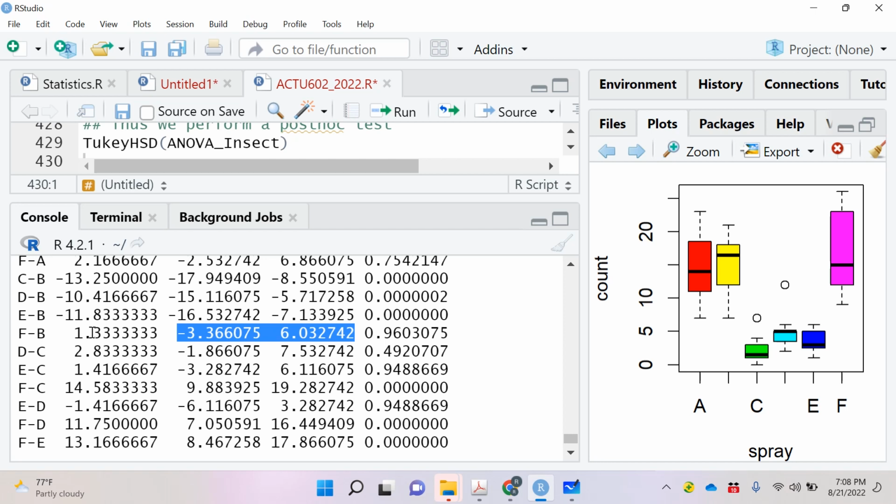So if you take all this, even though they are not different from here, for example, if this is from a Chinese factory, and this is from maybe a Ghanaian factory, then the government will say, well, because B is not significantly different from all of them, and we want to promote made in Ghana goods, we will source all our sprays from here. So this is how you can use some of these things to make decisions.